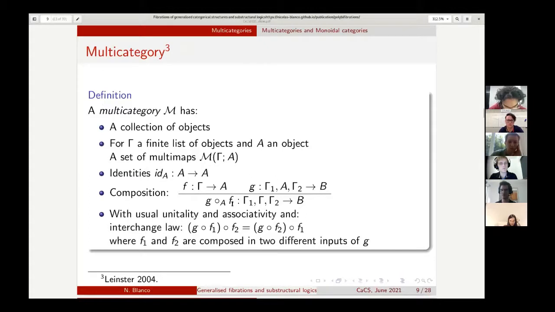Well, a multi-category is really a structure that is similar to a category, except that it does know about multimaps. So instead of having a morphism from a domain to a codomain, it has a morphism that goes from a finite list of objects. So the domain can be a finite list instead of just one object. And then it has identity, composition, and what you would expect from them: unitality, associativity, and all this.